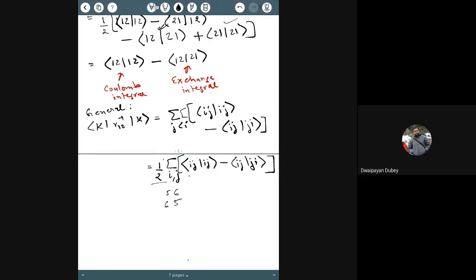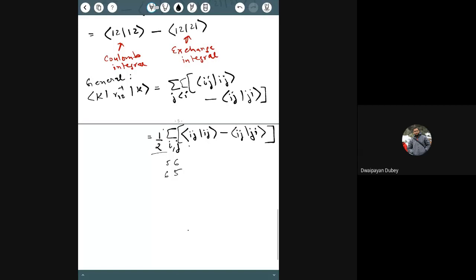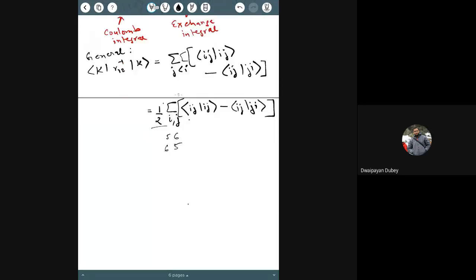So it may appear equivalent and trivial, but when it comes to coding, these simplifications also matter a lot. So this is how it is written, and this is the first Slater's rule for the 2 electron operator. Okay, then there is the next one. So 1, 2, 3, 4. This is the 5th rule.